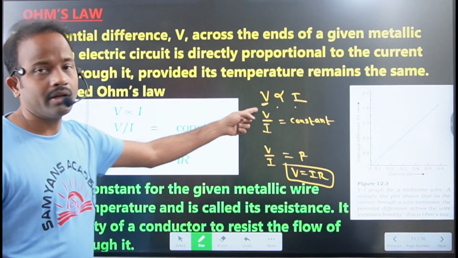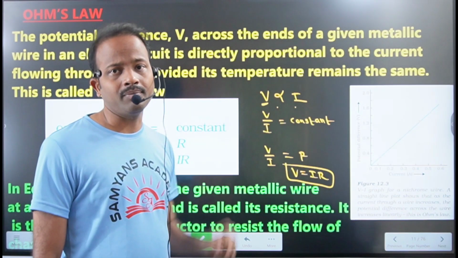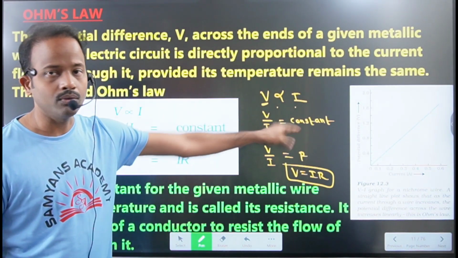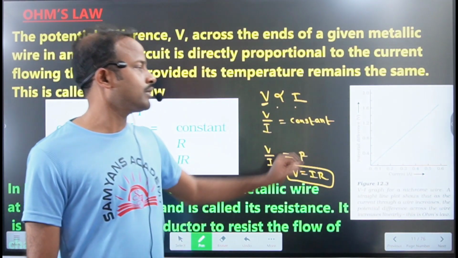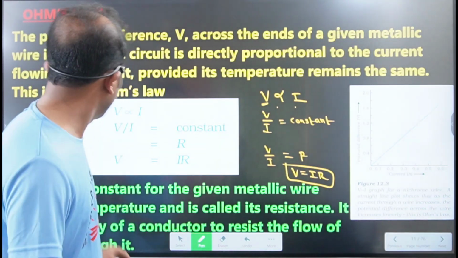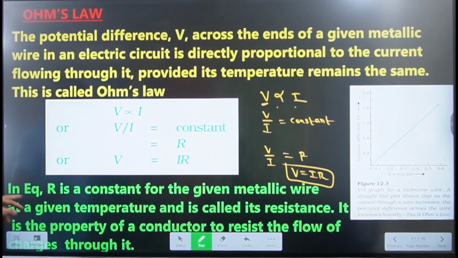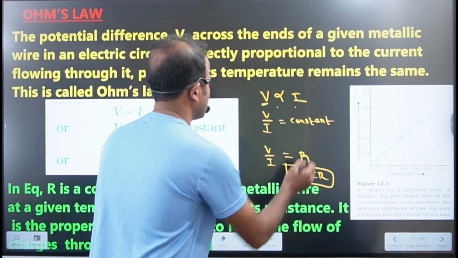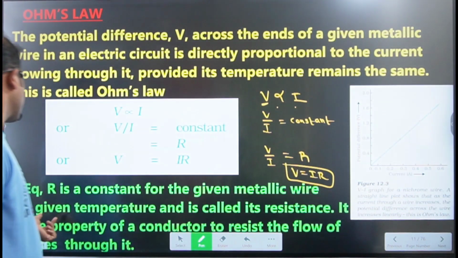And according to Ohm's law, V is directly proportional to I. V proportional to I, V by I equal to constant, V by I equal to R, V equal to IR. So here we have the R, with this R we called as constant, and also this is known as resistance.